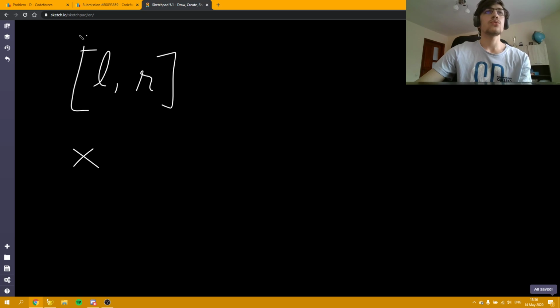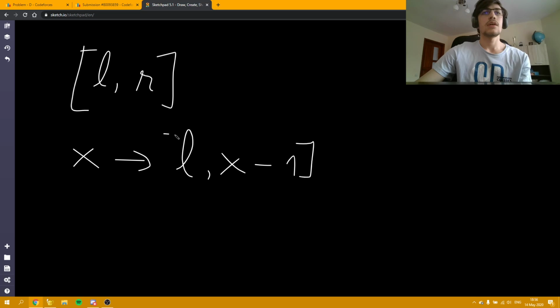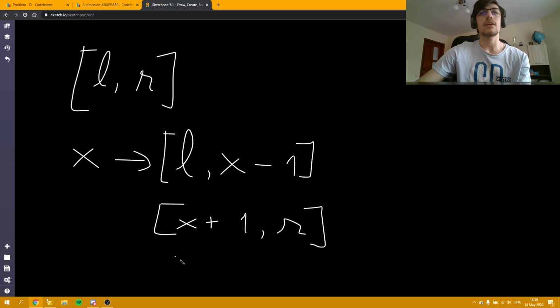Then this range will split into two ranges, L up to x minus 1, and x plus 1 up to R, assuming both of these ranges actually exist. So L is not bigger than x minus 1, and x plus 1 is not bigger than R.